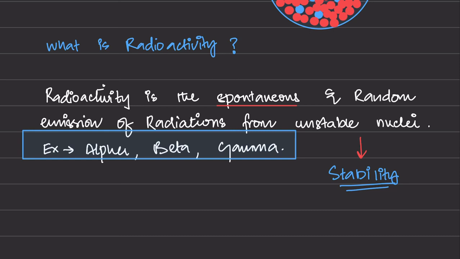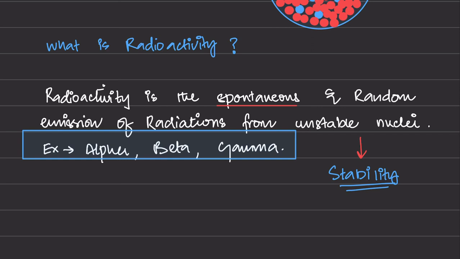None of these will have any impact on the rate of the radioactivity or the emission at all. So it's free of that. Any change in temperature, any change in pressure, any external factor whatsoever, it will not be affected by that. Similarly, what do we mean by random over here? What do we mean by random decay?